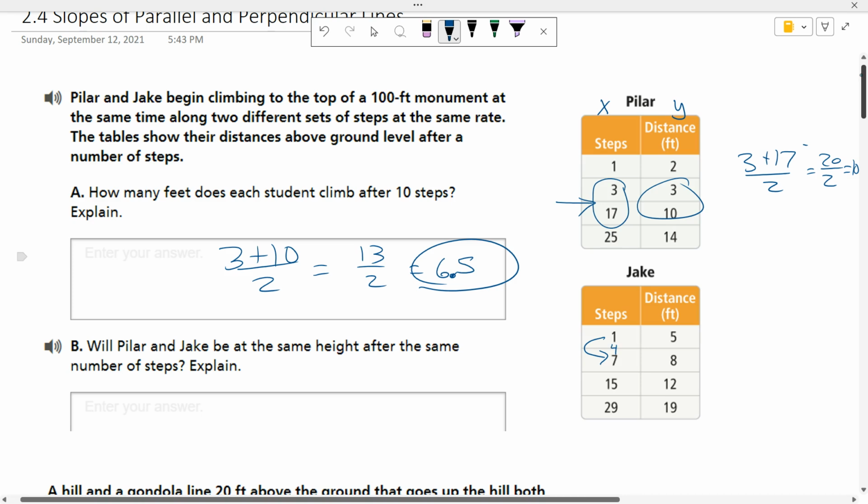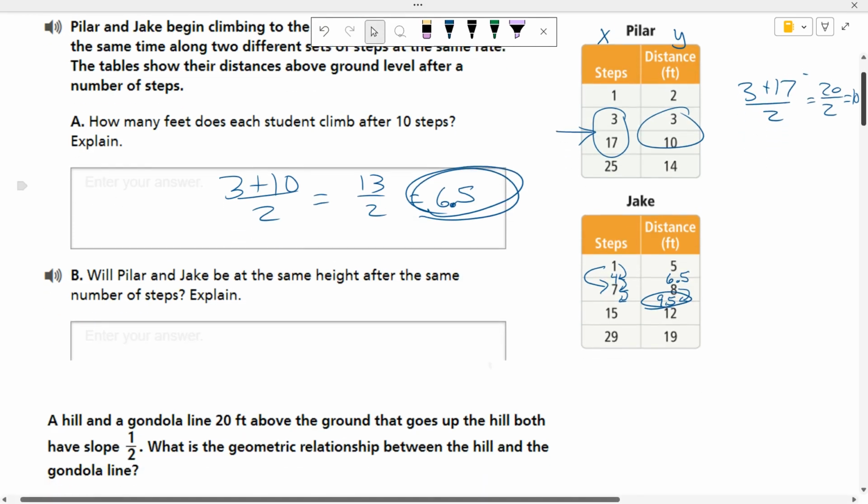What's halfway in between 5 and 8? 6.5. So if we go up by another 3, he should go up by another 1.5. So he should be at 9.5 feet after 10 steps, and Pillar should be at 6.5 feet after 10 steps.